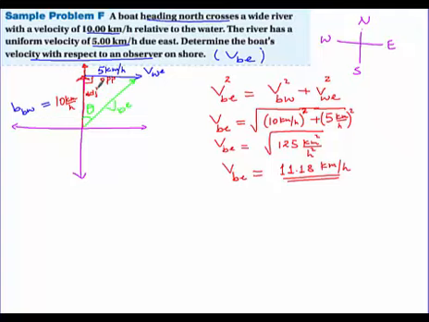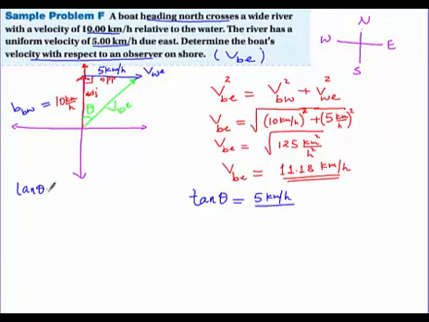So the formula that relates opposite and adjacent is tangent. The tangent of the angle theta is given by the ratio of the opposite side, that's 5 kilometers per hour, divided by the adjacent side.